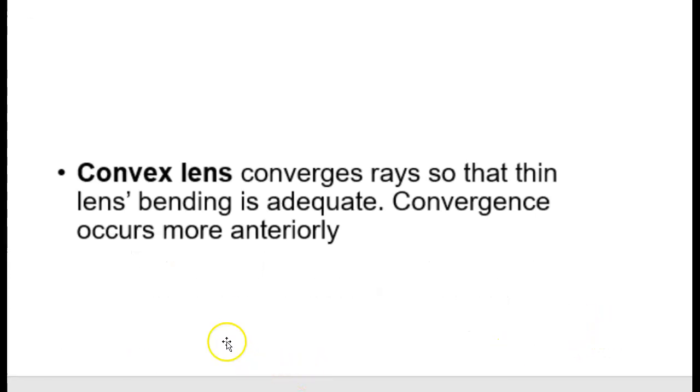For hyperopia, it's the opposite. Either the eye is too short or the lens is too thin. So in this case, the rays aren't bent very much and convergence happens farther back. To correct this, we use a convex lens so that bending happens more anteriorly.